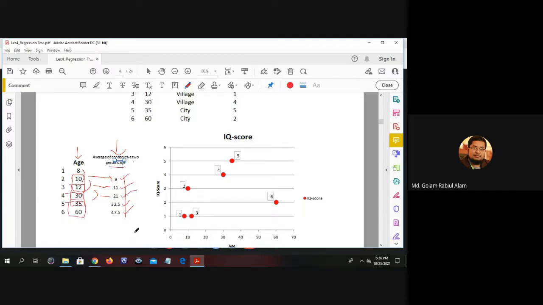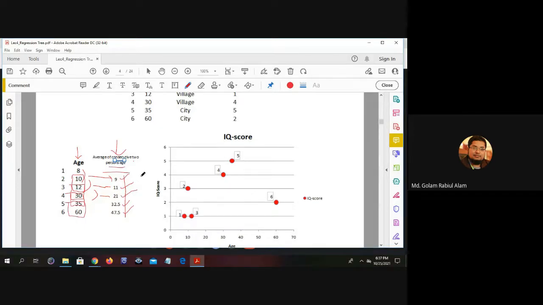So that means I have to take the average of two consecutive numbers, and we will find these numbers. So the first step is the sorting, and second step is finding the average of two consecutive numbers. We already determined the average of consecutive ages.